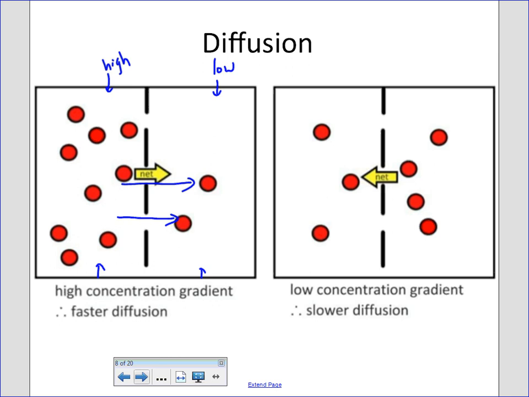Whereas if you have only a slightly higher concentration on one side, so in this diagram we have 4 red circles on the left side and 3 red circles on the right, you will get a net movement of particles going to the right, but it will be at a much slower rate because there is not such a steep difference in concentrations on either side of the membrane.